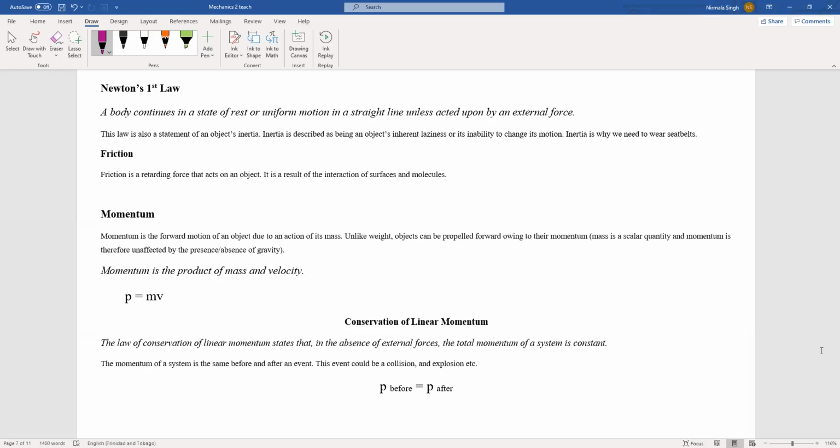Inertia is a statement of Newton's first law. It tells us about an object's inherent laziness, meaning it does not want to change its motion. So if something is sitting on the ground, it wants to remain on the ground. If something is moving, it wants to continue moving, right?